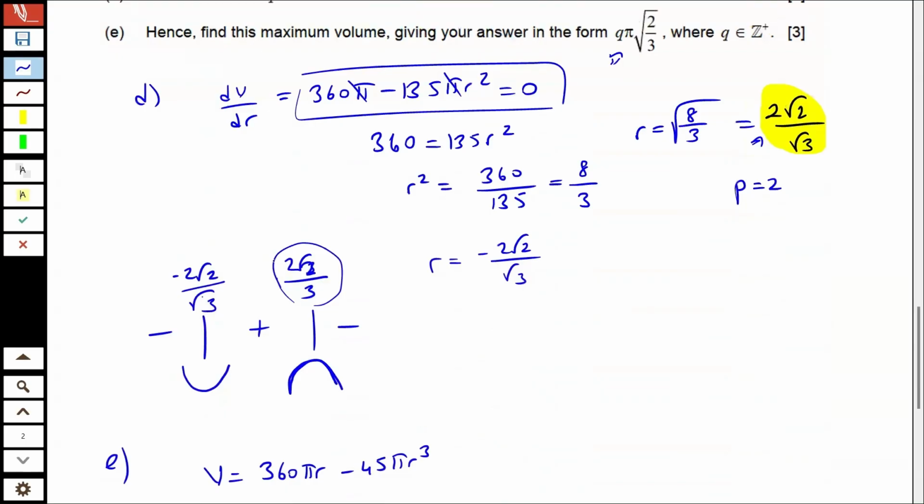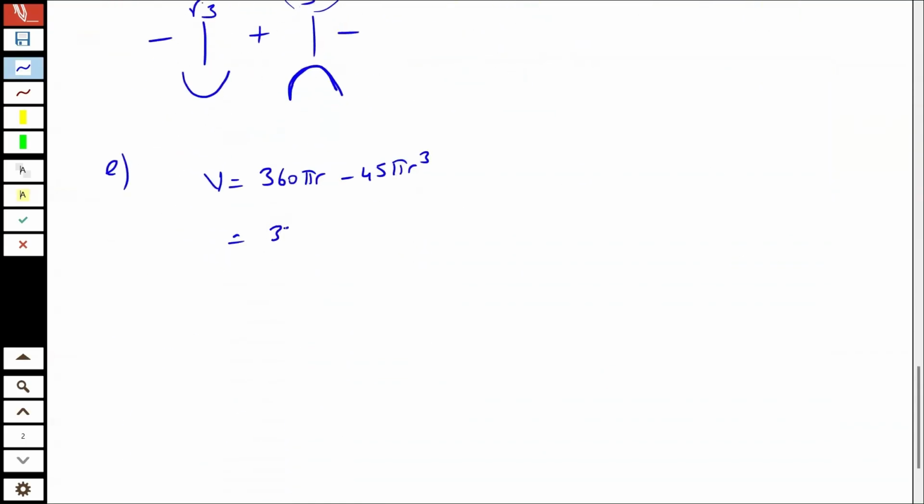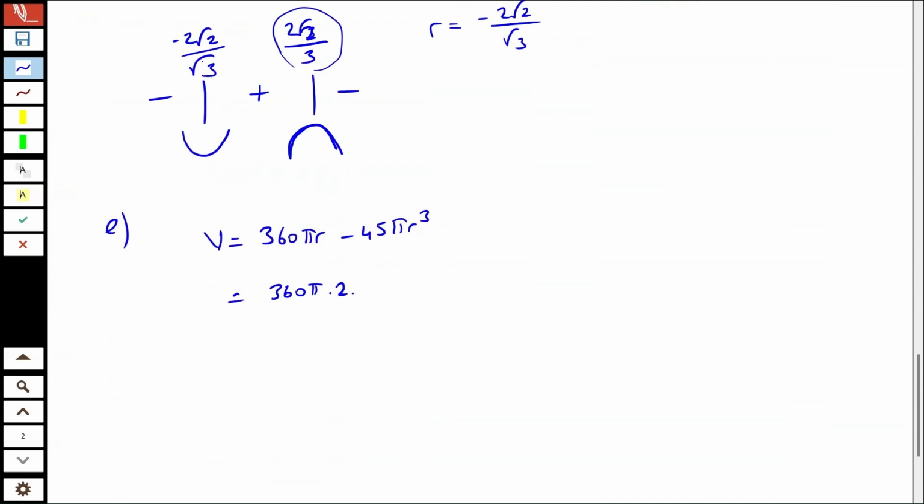And we found r is here. So 360 pi times 2 square root of 2 over 3 minus 45 times pi times the third power of 2 times square root of 2 over 3.